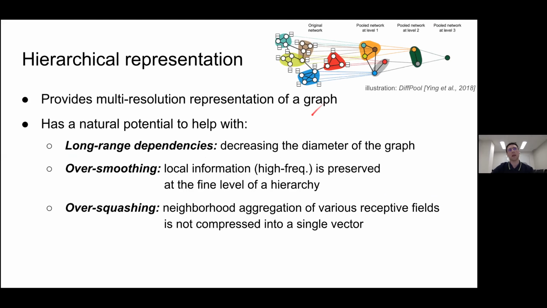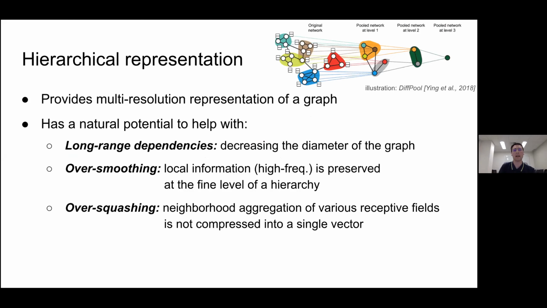Yeah, so one reason why oversquashing and oversmoothing even happen is that propagating information through the graph requires as many message passing rounds as the diameter of the graph, to do at least one information propagation round through the entire graph.